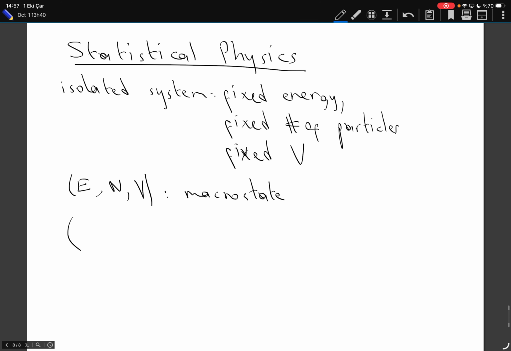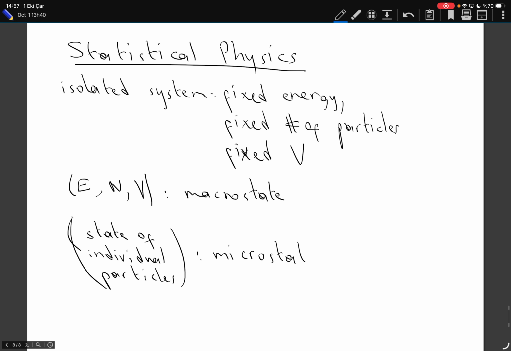Now, the state of individual particles, this is what I call the microstate. So one is the macrostate, what thermodynamics is interested in. The other one, the microstate, the individual velocities and positions of the particles, or the quantum states of the individual particles, which we are trying to avoid calculating.